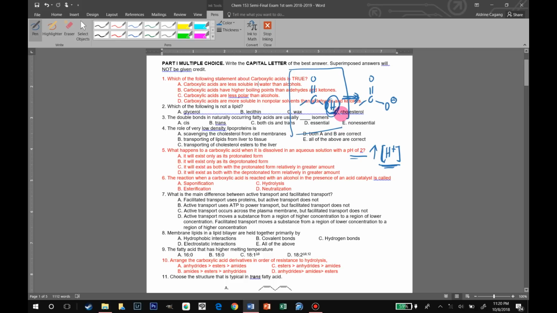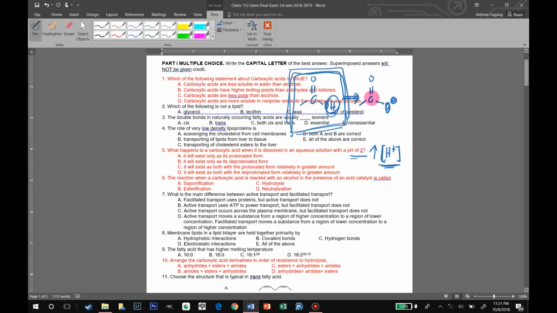But there is an option here where it kind of throws you off. You have A and B that state that your protonated form or deprotonated form is going to exist exclusively. That is not going to be a correct response, because even if your pH is, say, 2, although your protonated form is going to be the predominant form, it doesn't necessarily mean that your deprotonated form is completely not in existence.